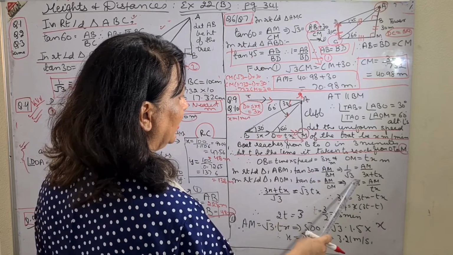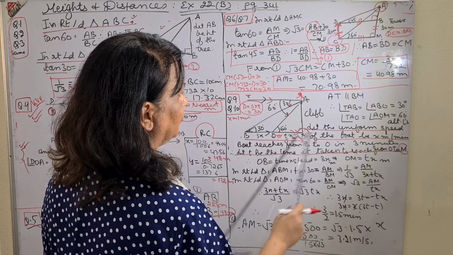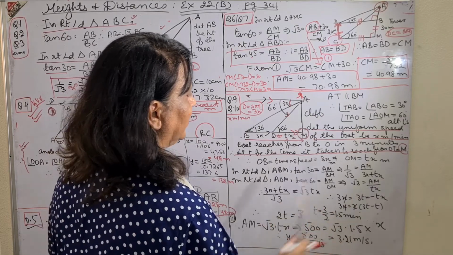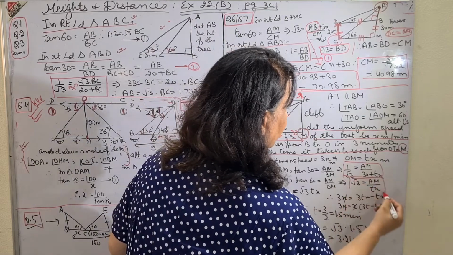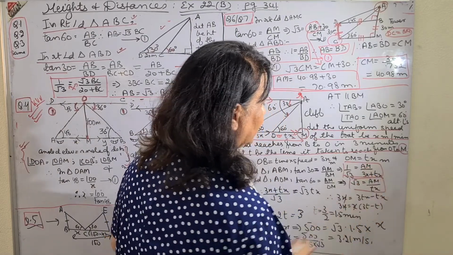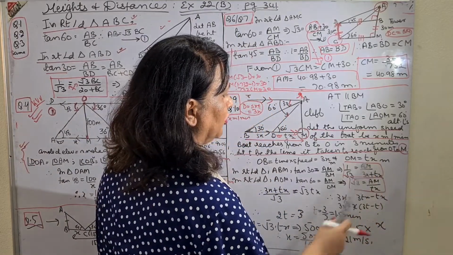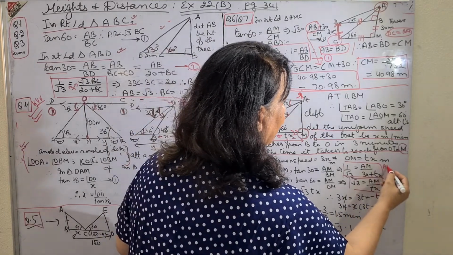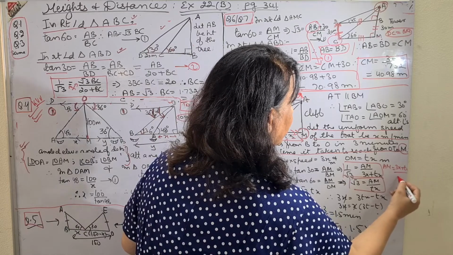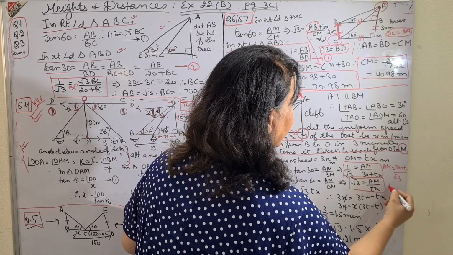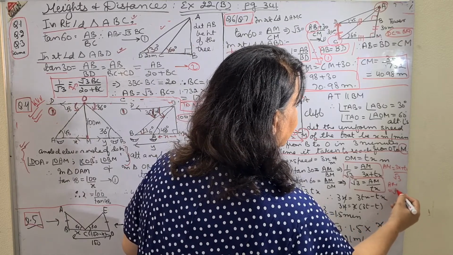Tan 60 is root 3, AM upon tx, because OM is tx. Be very careful. I have written the two answers here. Now you know what to do. You take out the common thing. You will get AM equal to (3x plus tx) upon root 3, and again AM is equal to root 3 tx.